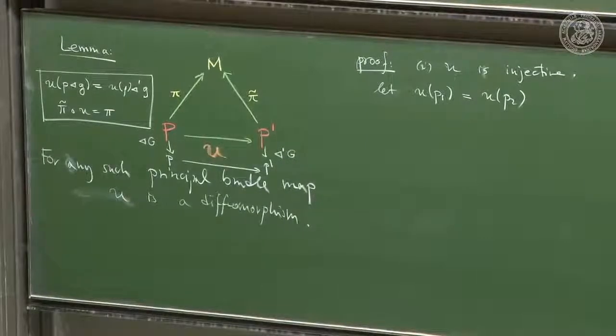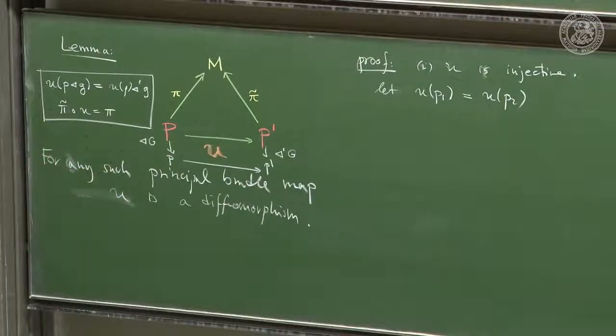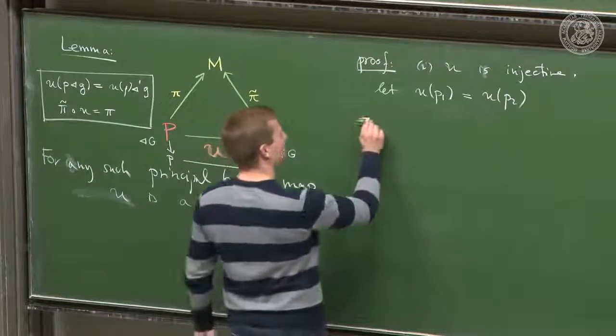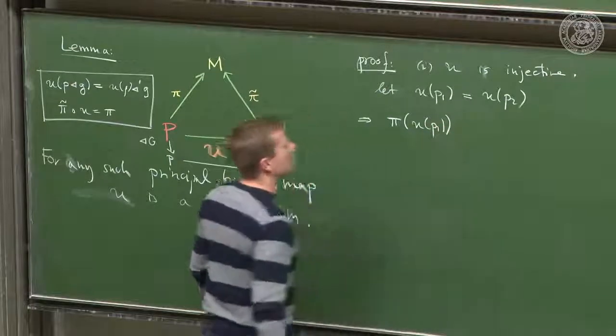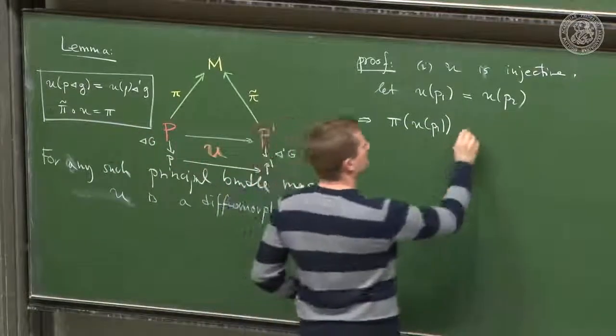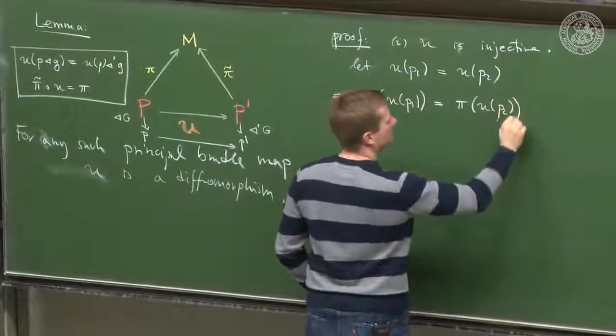And now we need to use this. How do we do this? U of P1 is U of P2. Let me see what I thought about what to do there. So what we do, we look at the pi of the U of P1, and that therefore is the same as the pi of the U of P2.